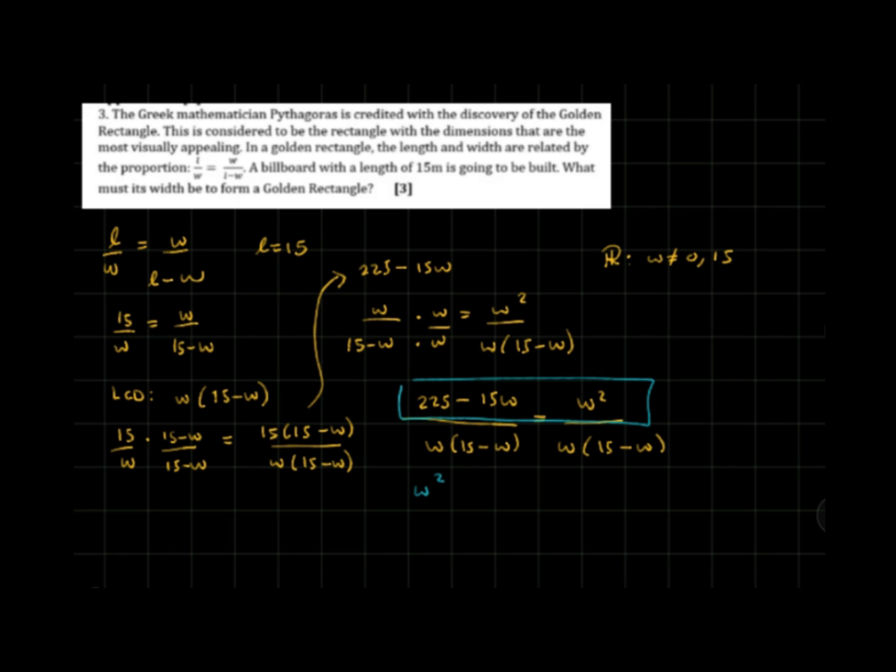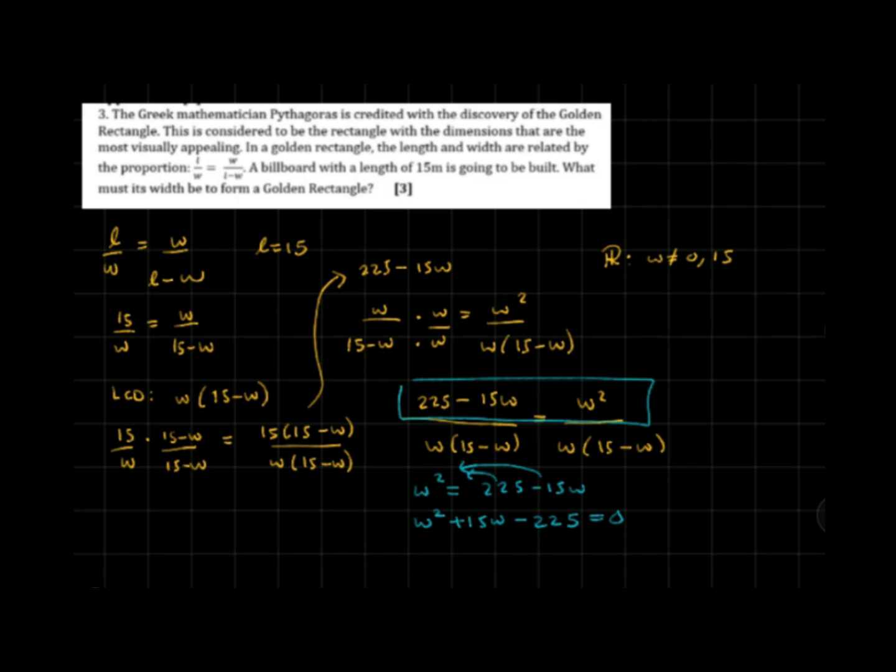So now we can see that W squared is equal to 225 minus 15W. In order for me to solve this quadratic, W squared plus 15W minus 225 is equal to 0. Now we ask ourselves, is this factorable?